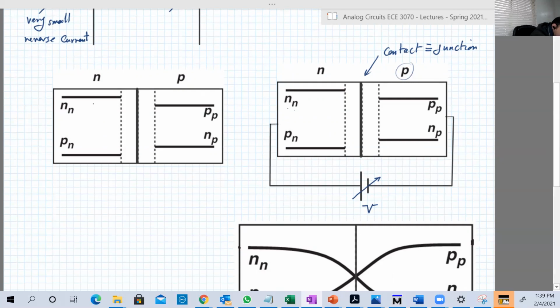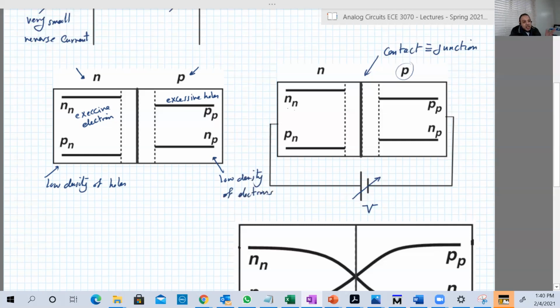So in that region we have excessive electrons, and here we have excessive holes. So we have here in the P region a high density of holes, here a low density of holes. We have here a high density of electrons, here a low density of electrons.